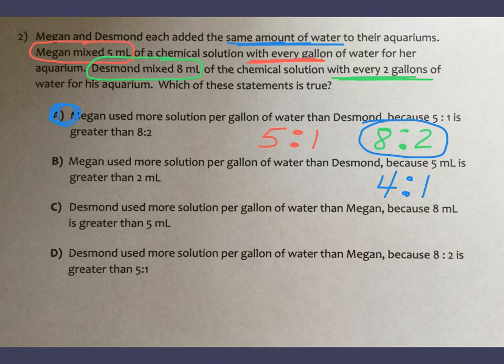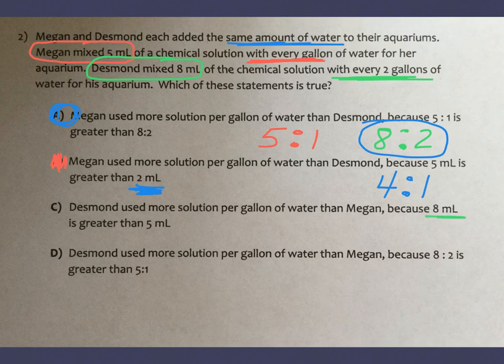Megan used more solution per gallon of water than Desmond because 5 milliliters is greater than 2 milliliters. Well, did they even mention anything about 2 milliliters anywhere in our problem? The only time they mention 2 is gallons of water, not milliliters of solution. So B is definitely not the answer. In C, Desmond used more solution per gallon of water than Megan because 8 milliliters is greater than 5.